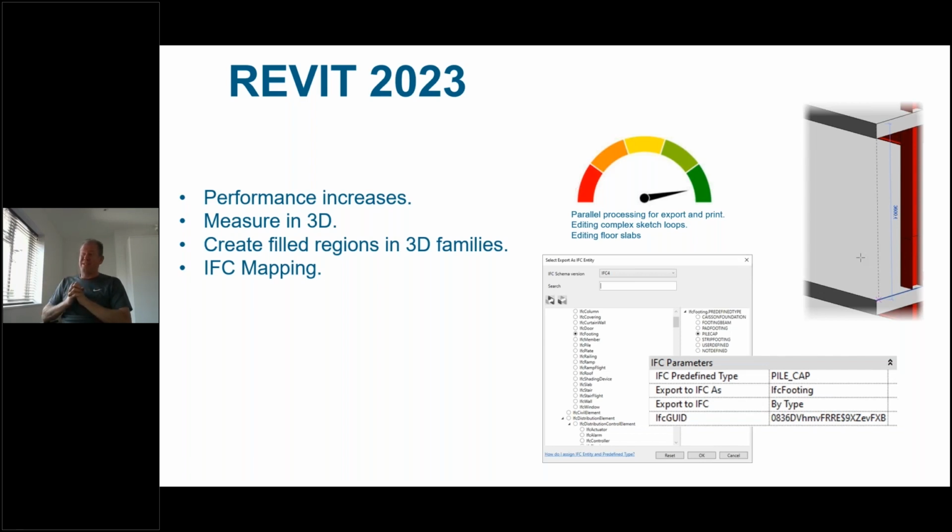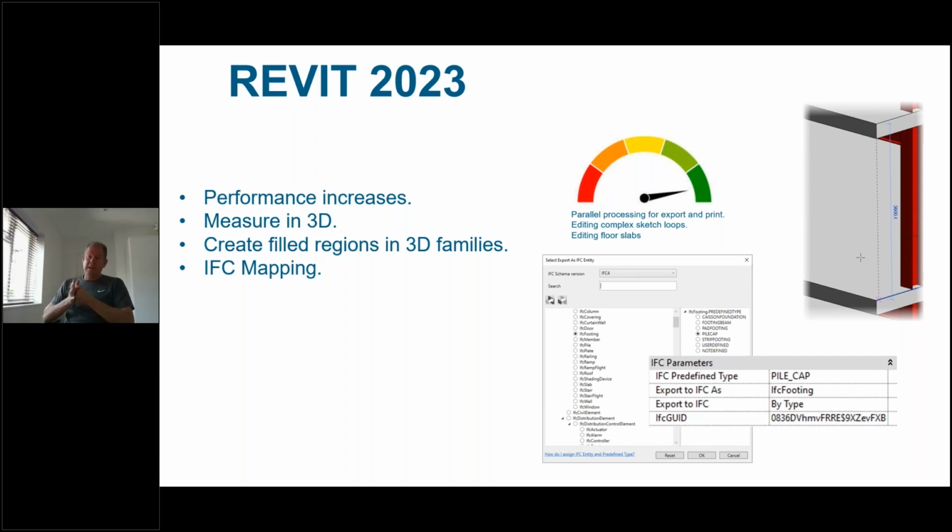Another really obvious thing that we've never been able to do in Revit is measure in the 3D view. It seems astonishing that you could only measure in a 2D view, but that was the case. Now we can measure in a 3D view across multiple elements. Another thing we can do is embed 3D field regions into our 3D families, which is quite useful.